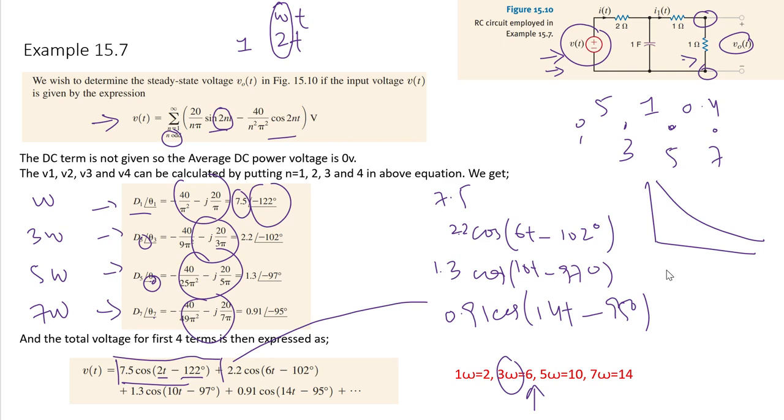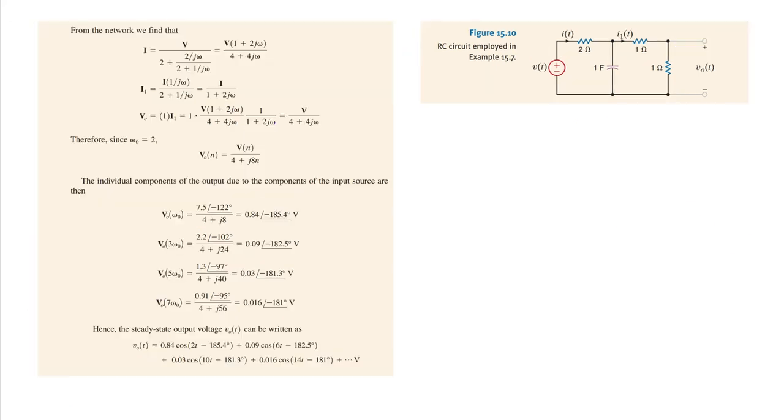Now voltage is calculated, but the other term which is important is remaining. What is that term? That term is the current for this specific circuit. So current would also have those 4 omega values. This is the solution for that.